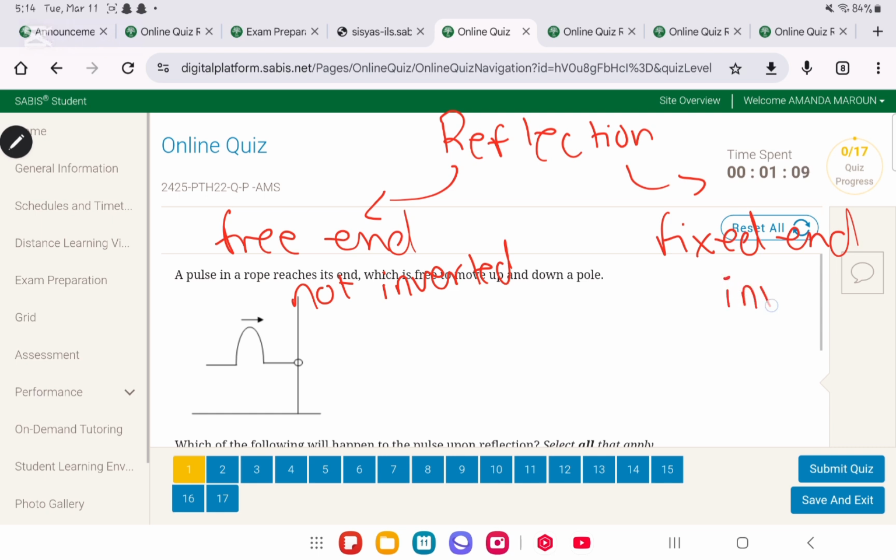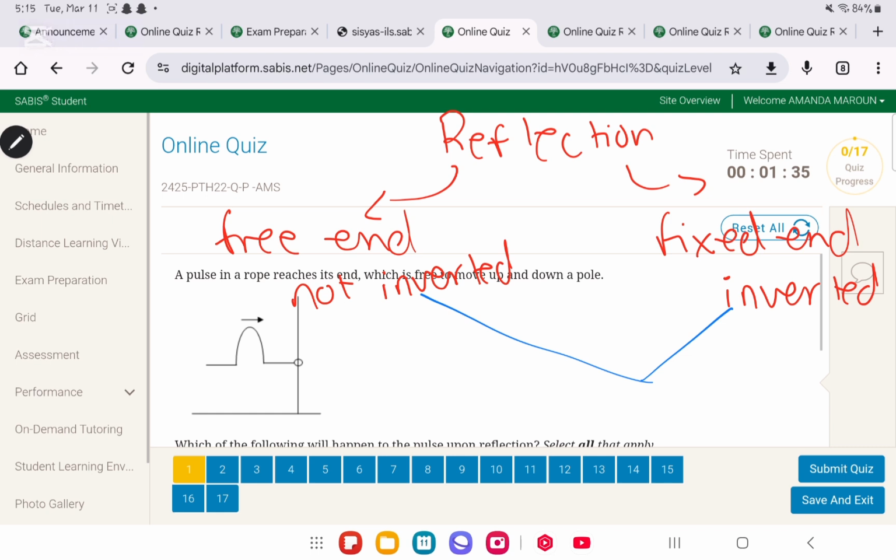However, in the fixed end, it will be inverted. I believe this is the only difference between the free end and the fixed end: the free end will not have an inverted image, whereas the fixed end will have an inverted image.